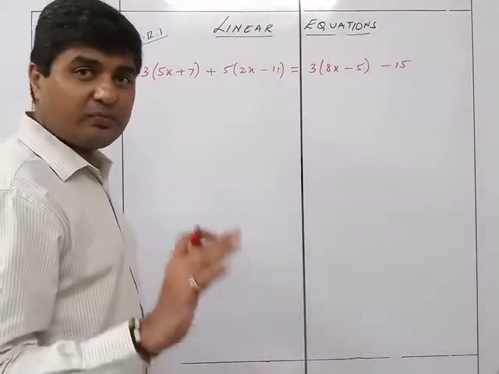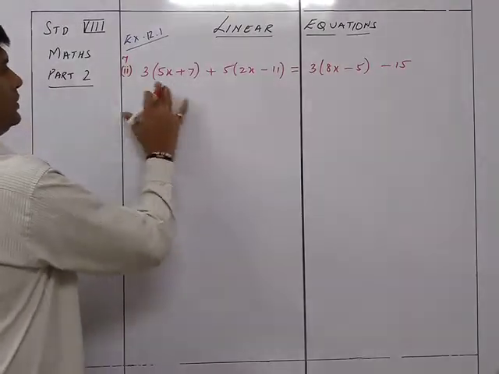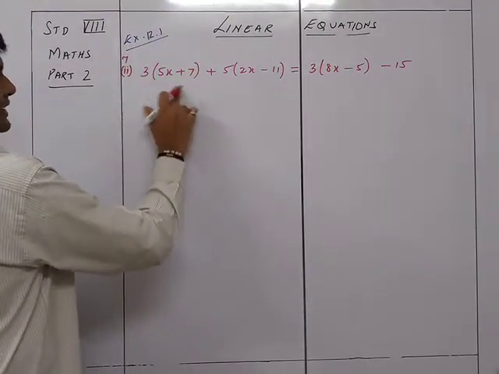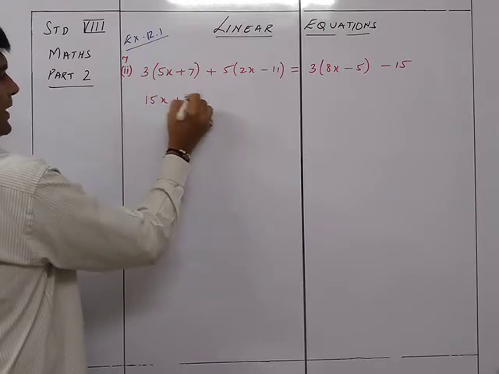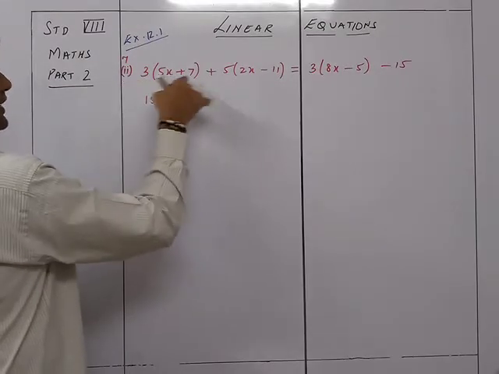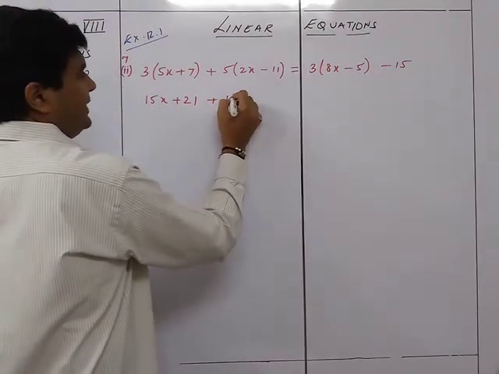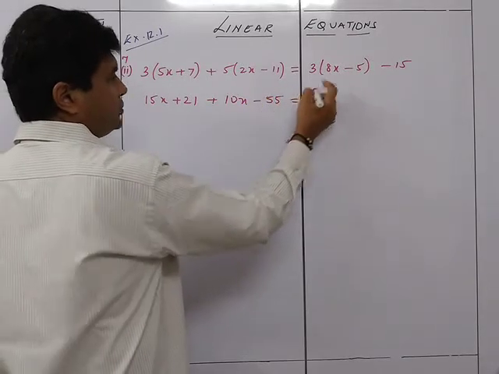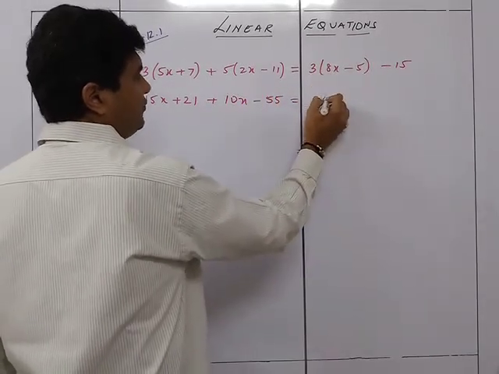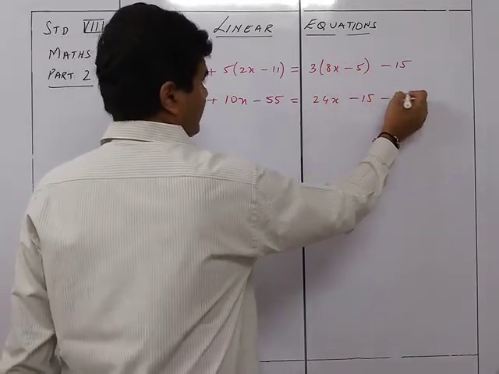So there is no chance of making a mistake in this. So now solving. Opening the brackets over here, it will be 15x plus 21. 5 into 3 is 15. 3 into 7 is 21. Plus 5 2s are 10, so 10x, 5 11s are 55, is equals to 3 into 8 is 24x minus 15 minus 15.